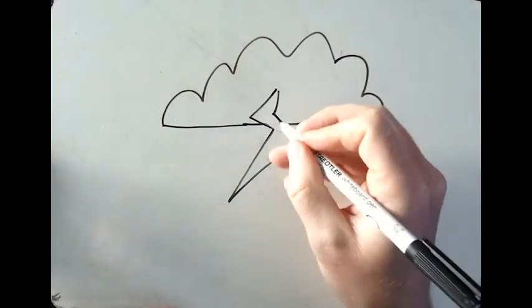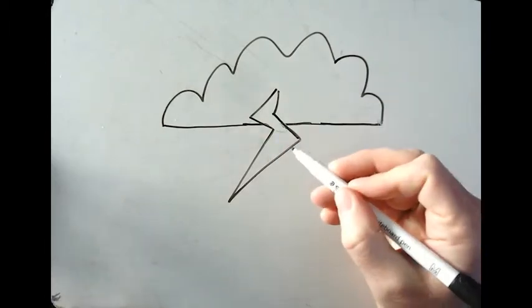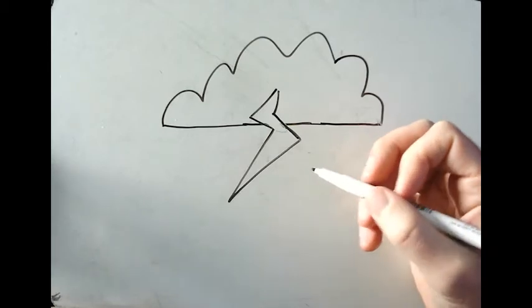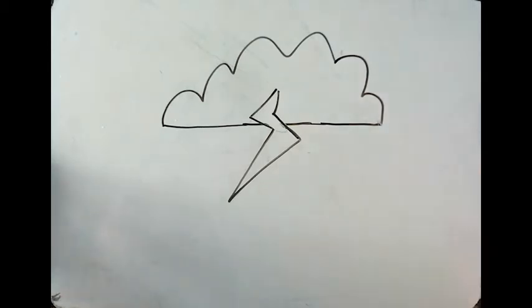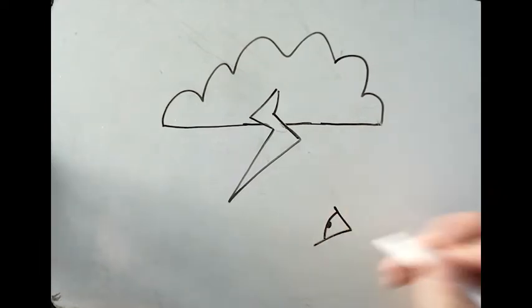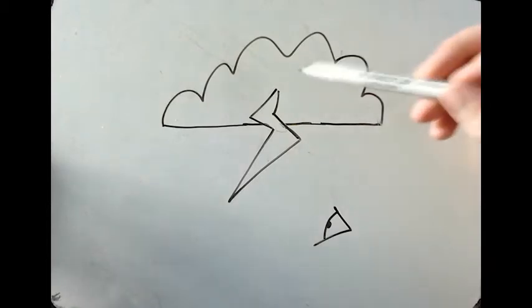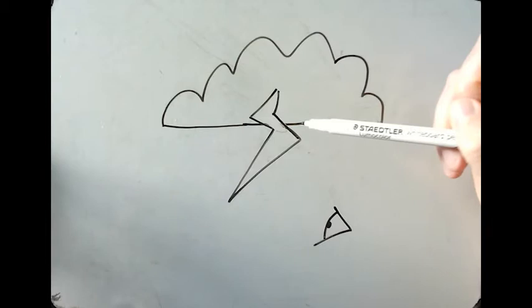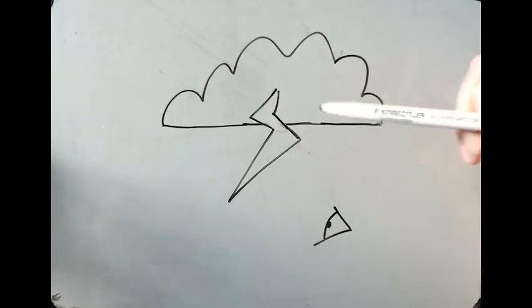People often think lightning and thunder are two different things. Well, they're not. They're just two different ways of experiencing the lightning, because different waves are given off when the lightning happens.